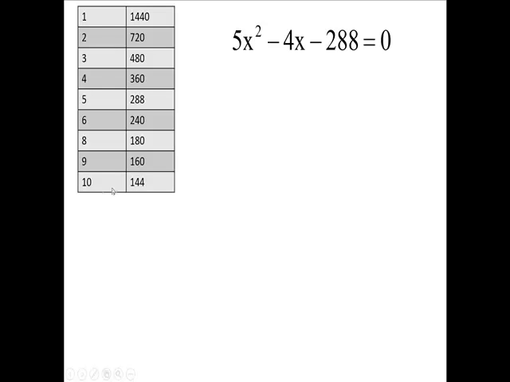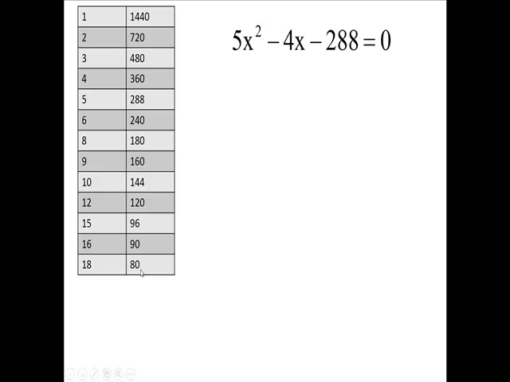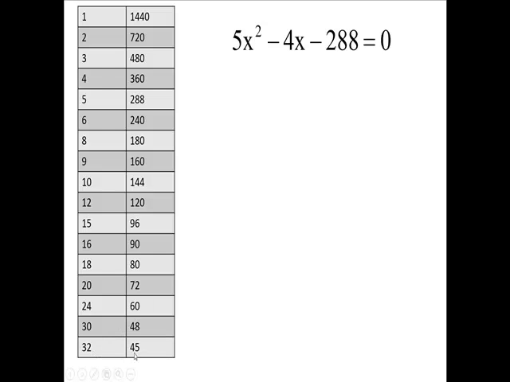There's quite a lot of factors, aren't there? 12, 13 and 14 won't go into it evenly. Okay, 15 does, 16, 18, 20, 24, 30, and 32. 25, 26, 27, 28, and 29 won't go, neither will 31.